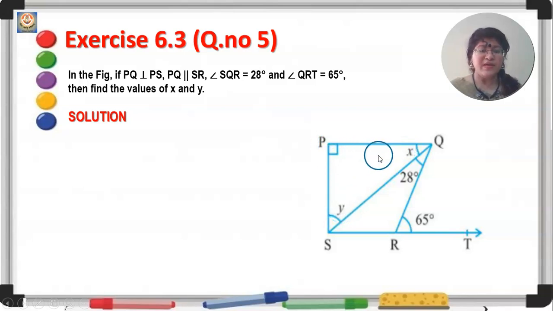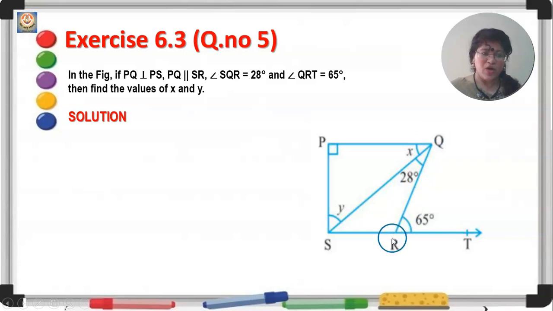Now, in the beginning, you cannot take triangle PQS because only one angle is known, that is this angle, which is 90 degree. X and Y are unknown. So what do you do in such a case? Let us use what is given, that is PQ parallel to ST. Consider PQ parallel to ST and let us take QR as the transversal.